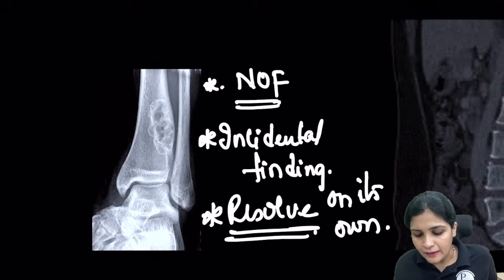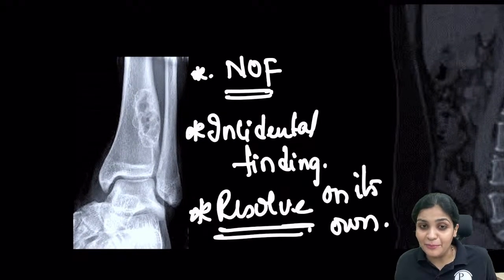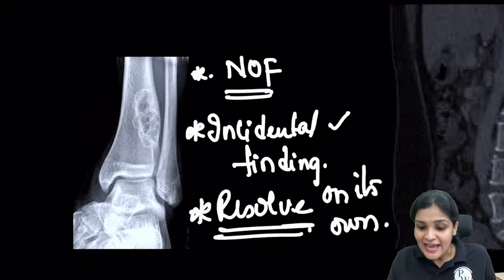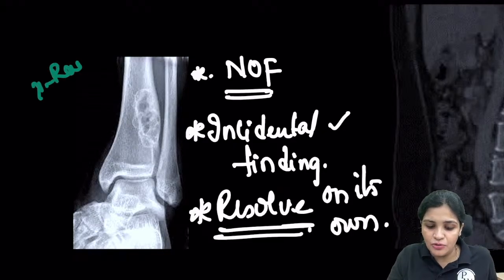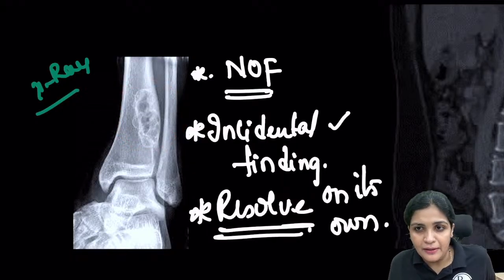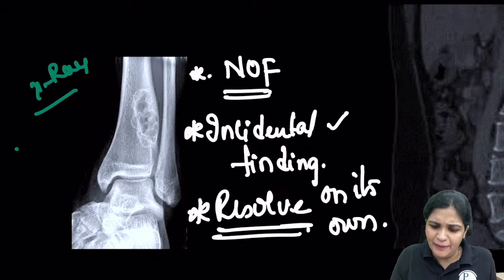Ma'am, what are the patient complaints? Patient complaints are nothing. Usually they don't come. This is an incidental finding. That means the patient will come with some other complaint, and when we take the X-ray, you usually notice this type of picture, right? So this is non-ossifying fibroma. The patient will not come with any complaints. At most he can complain of a mild pain, probably.